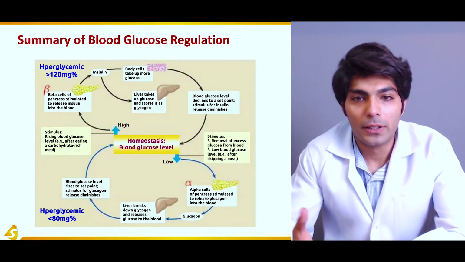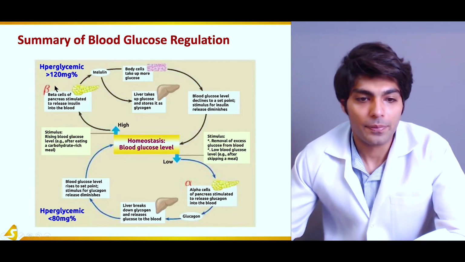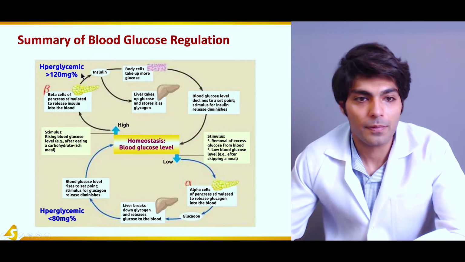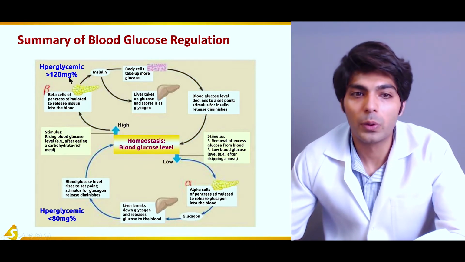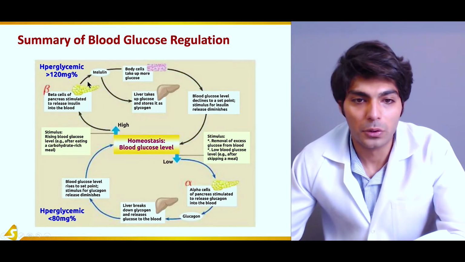This is a summary of the blood glucose regulation. You can see in the hyperglycemic condition, which is above the 120 milligram per deciliter of the normal blood glucose level.